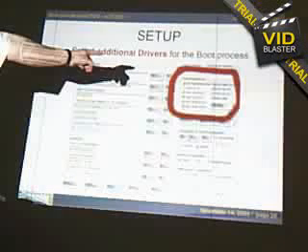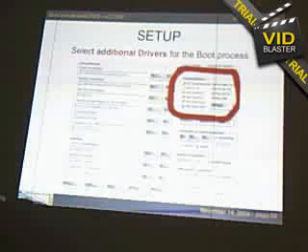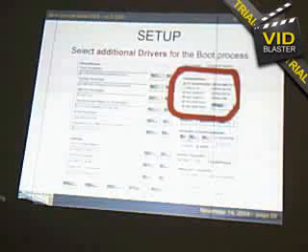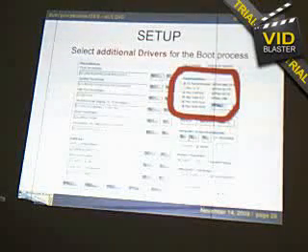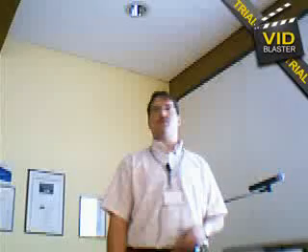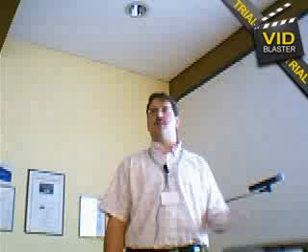Or if you want to have additional SCSI drivers during boot, then just check the box plus SCSI. So you can create the DVD or CD if you want only a CD according to the system you have. If you know which kind of hardware is inside and you know the drivers, you have got the drivers, you can make a CD that is perfect for your system.